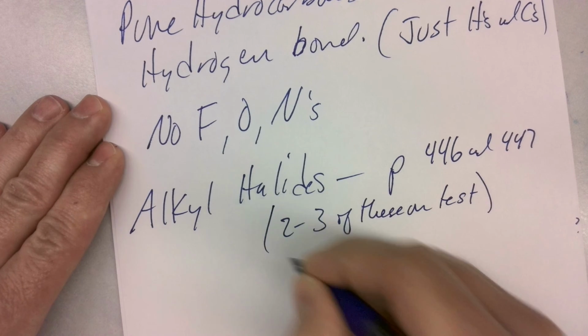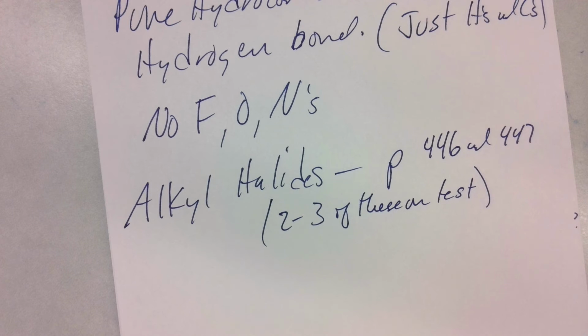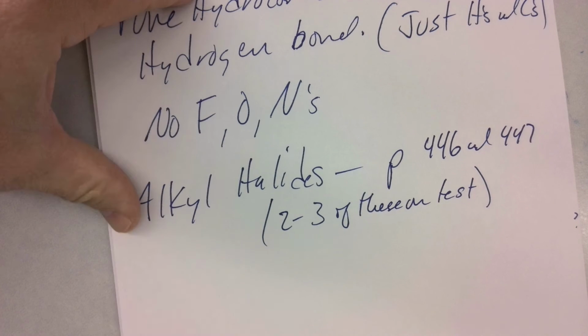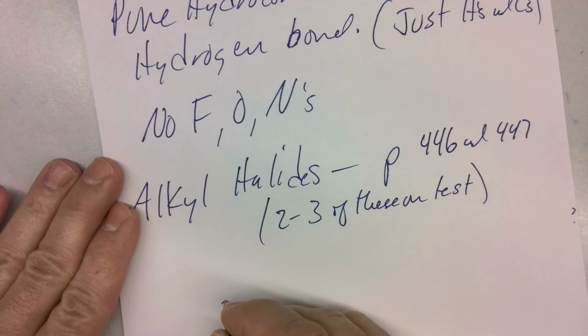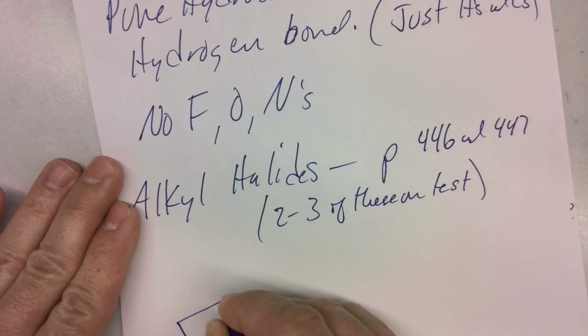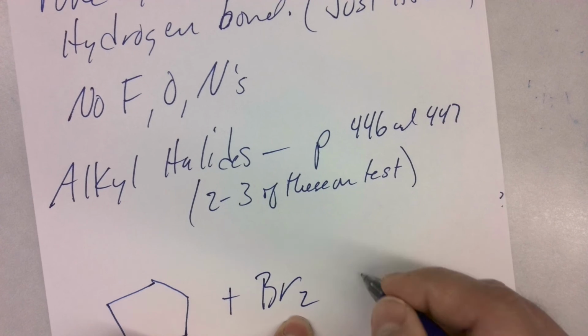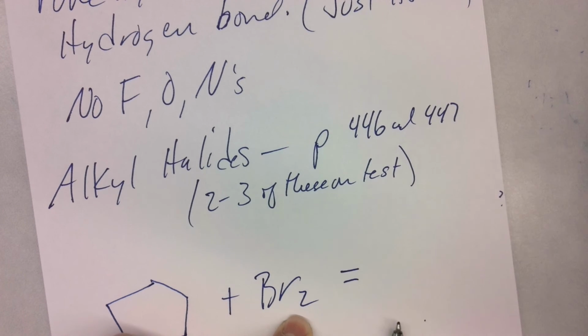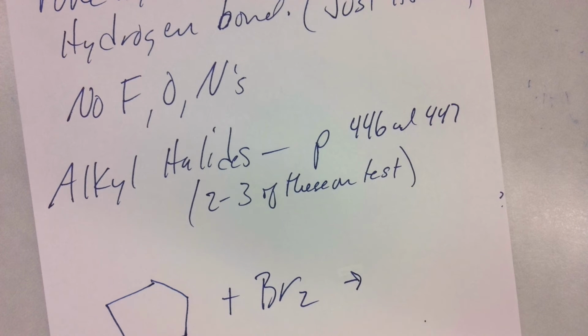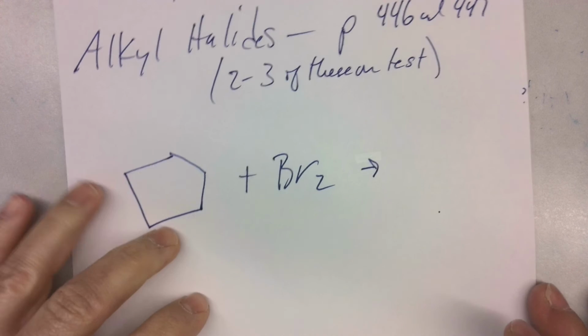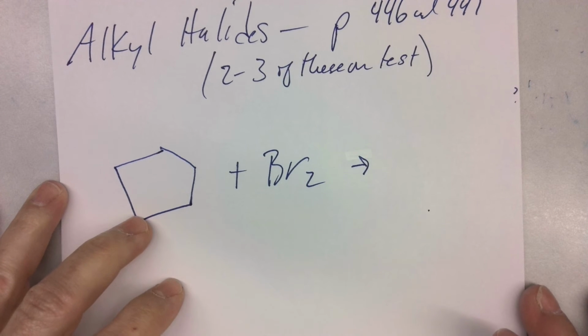Let me give you an example of what they did. It doesn't matter what it is, but let's say I took a cyclopentane and added Br2 to it. That's not an equals sign, this should be a yield sign. Anybody remember what I taught you was going to happen here? They're going to swap.